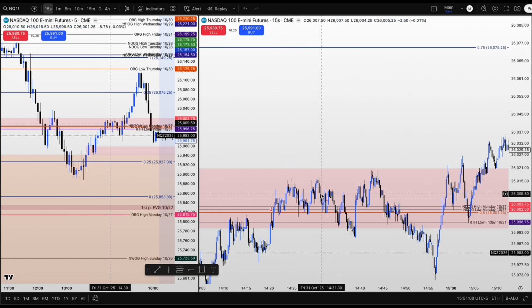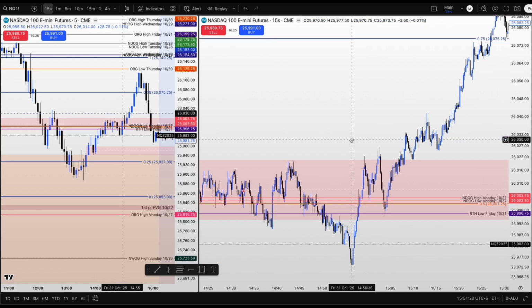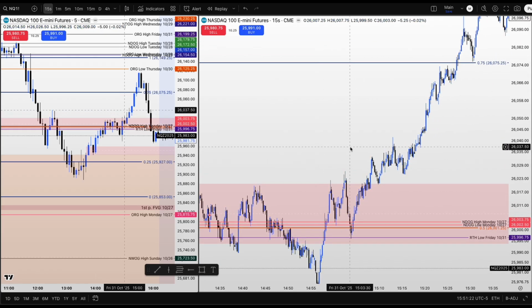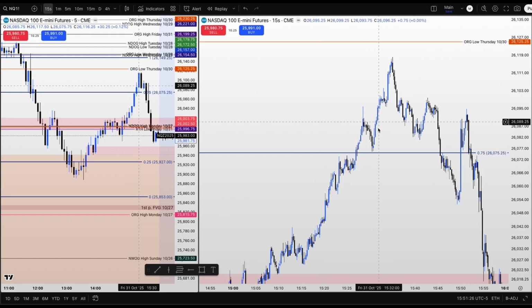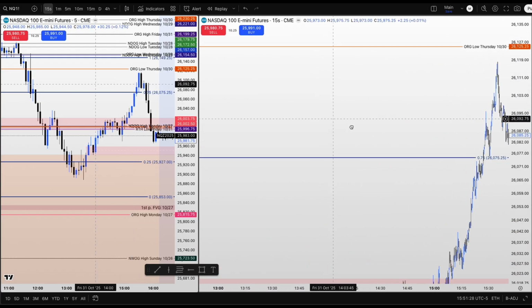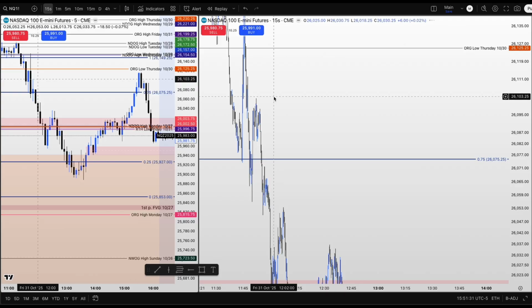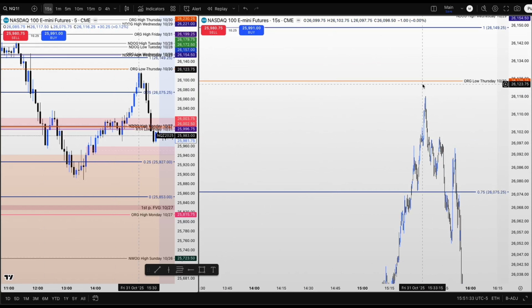And I had the 50% level of the daily wick that I showed you, and I had my exit just below that. As you can see, later on in the afternoon session after 3 p.m., we go on and take out all the liquidity that's resting above, take out all these highs and fall just short of the opening range gap low from Thursday.